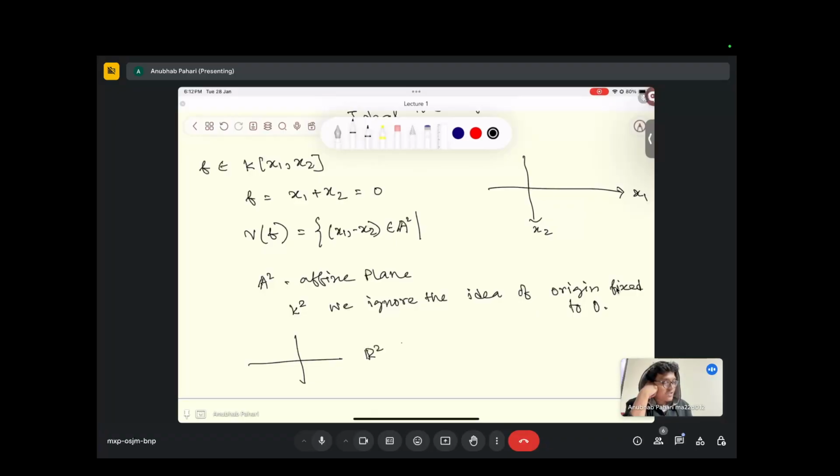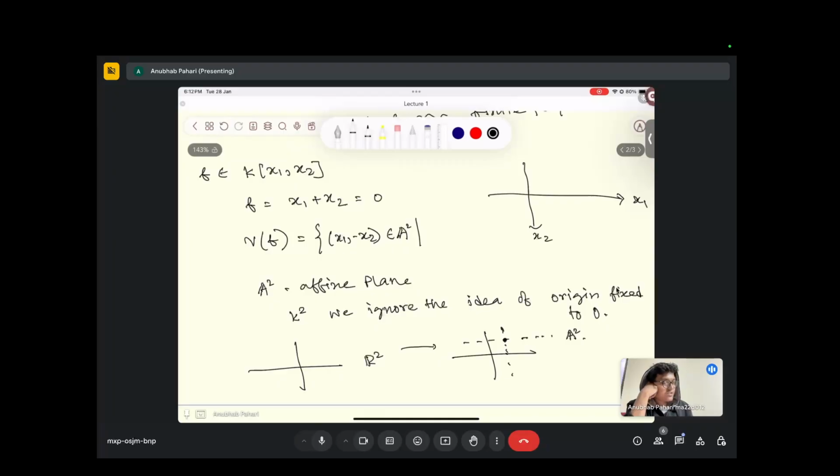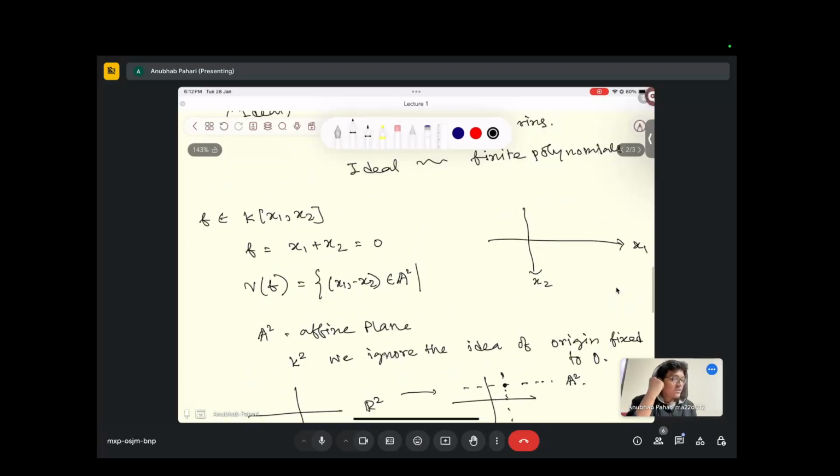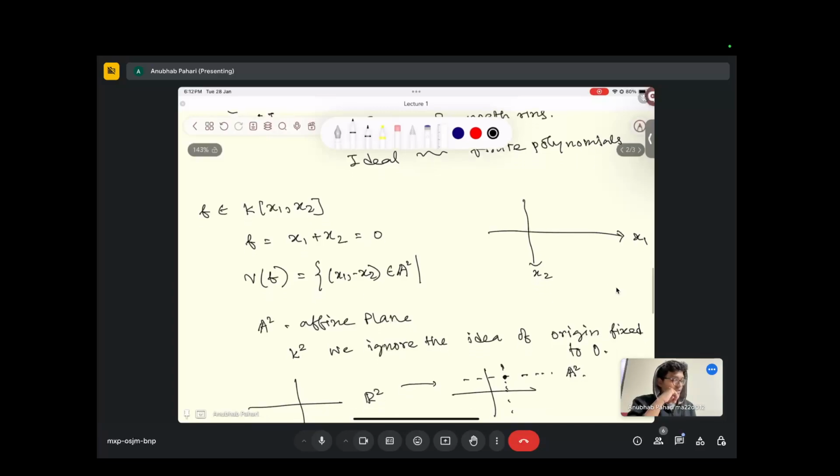But we can think of an affine plane like this, where this is my new origin. You can think of your A2 as having an origin but it need not be fixed to 0. Okay, now what should be the zero set? Then I think it should be like this.